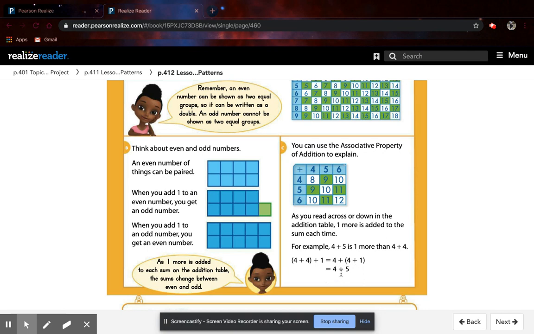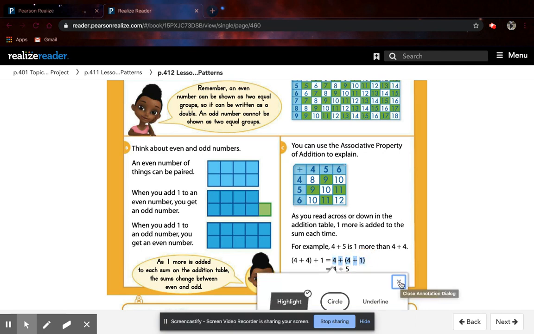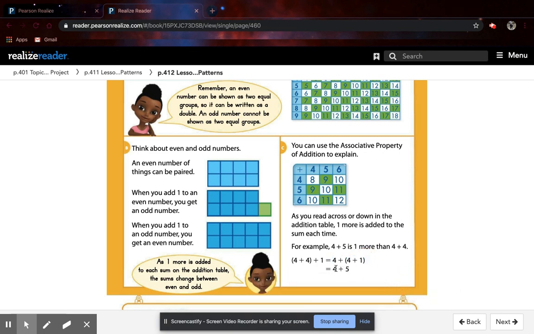So this one is going to equal 4 plus 5, which gives you 9 as your total. And when you do this one that I'm highlighting in blue, you're still going to get 4 plus 5, and 9 as your answer.